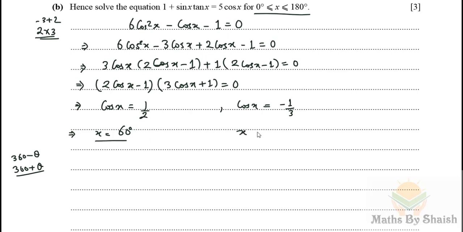From here we will calculate this value from calculator. Cos inverse of minus 1 over 3 in the degree is 109.47 and so on, and since it is a degree, we can write it in one decimal place or 3 significant figures.